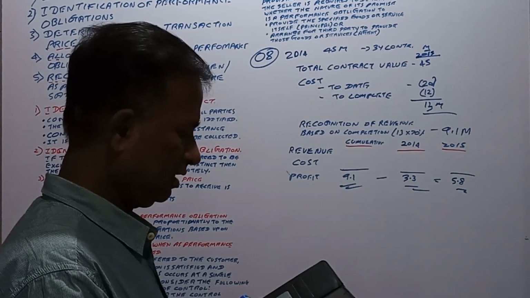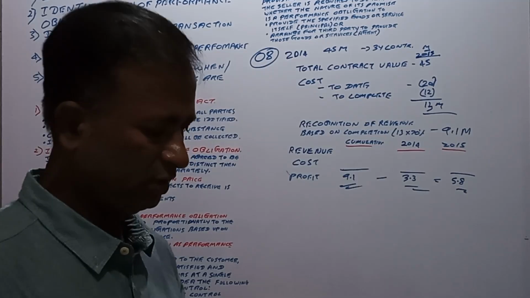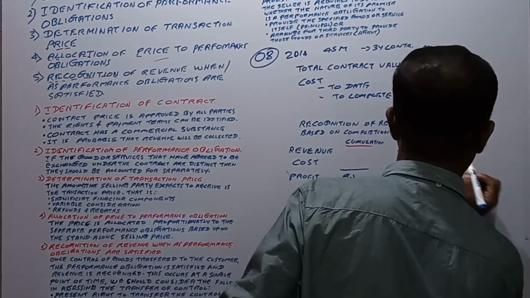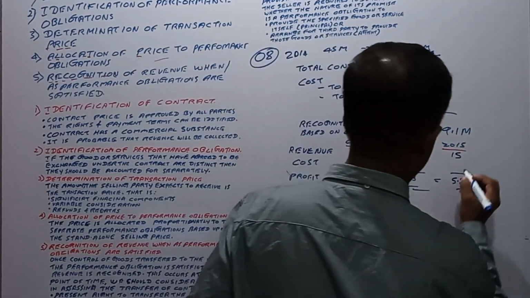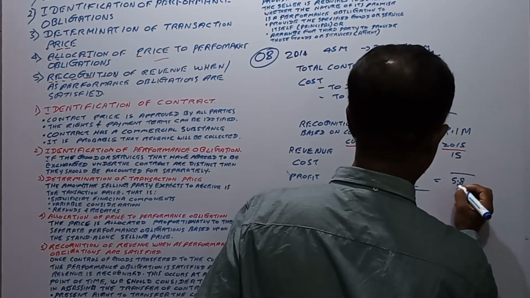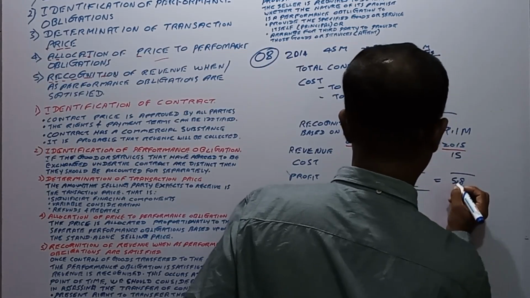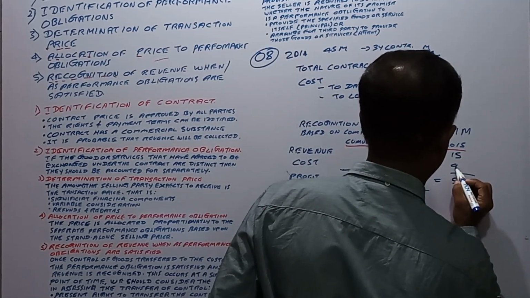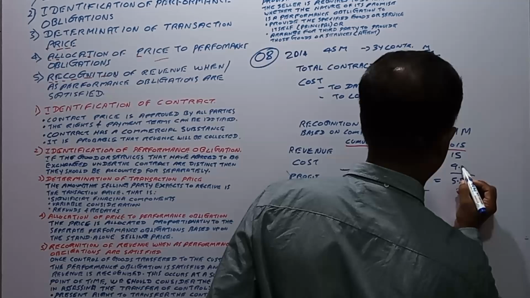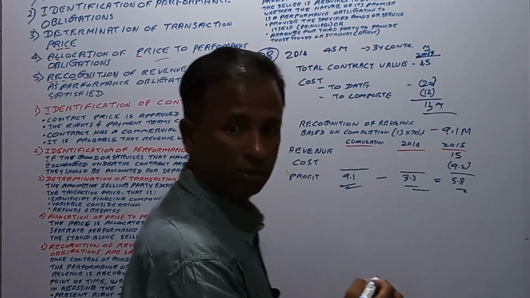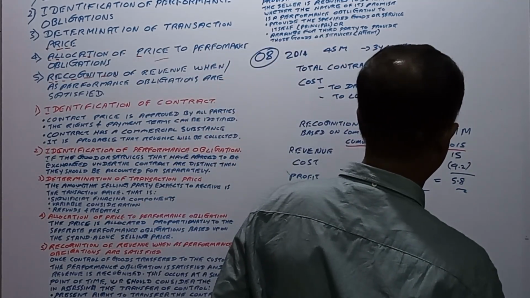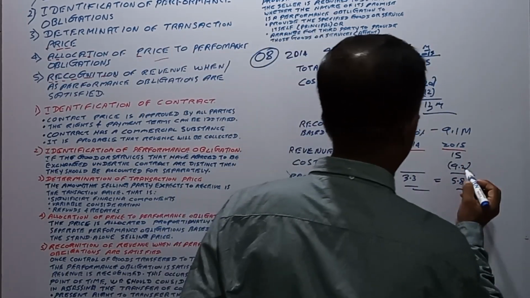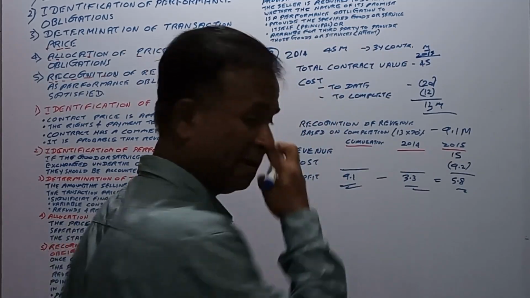Work certified and completed in 2015 is 15 million. So if it is 15 million, and we are getting the profit as 5.8 million, the difference is 9.2 million. 9.2 million is the cost. This is the cost and revenue of 15 million in the accounts.